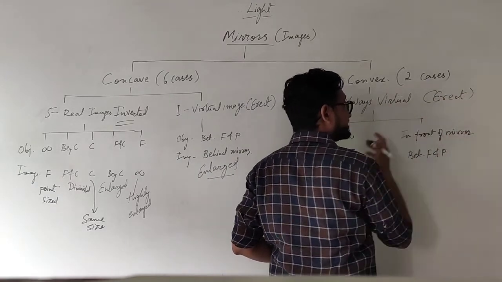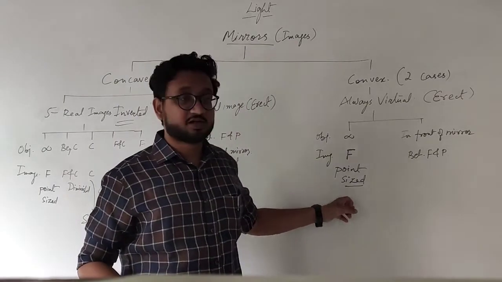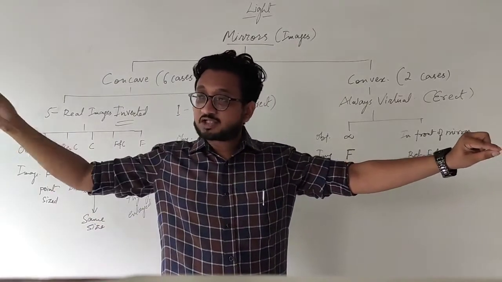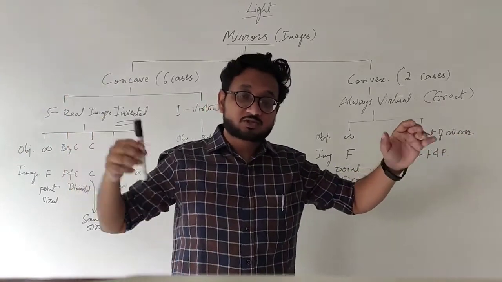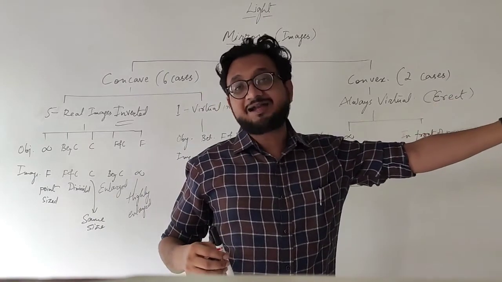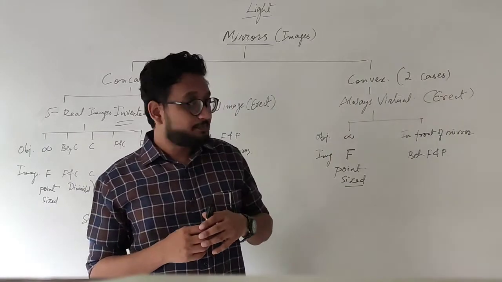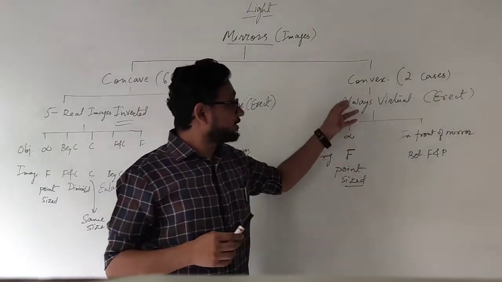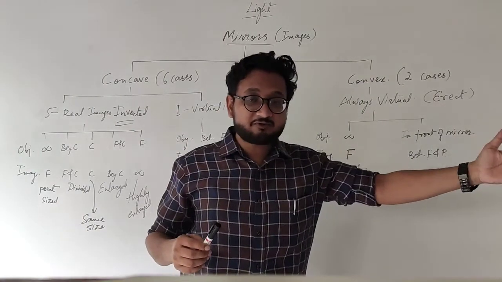So in both cases the image will be erect, not inverted. Now you bring the object closer and the image will also become closer and closer. In this particular case, the image will never go behind the focus or behind the center of curvature. Whenever you place the object in front of a convex mirror, the image will either be on focus or somewhere between focus and pole.